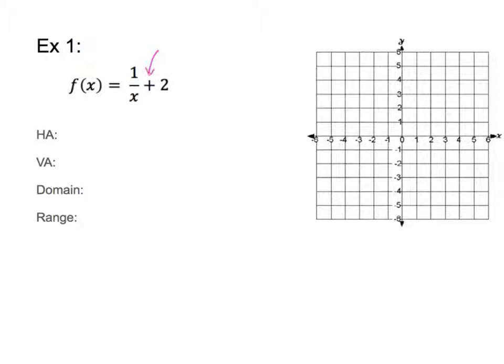That +2 is a type of shift. If you have a +2, that means you have a vertical shift. The graph is shifting up or down. Because it's a +2, it's going to be shifting up. If it's a minus, it's shifting down. So in this case, the original horizontal asymptote was y equals 0.